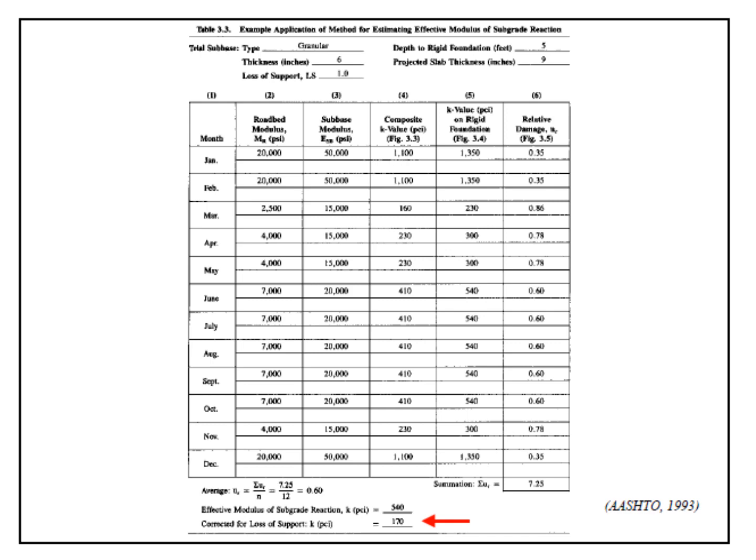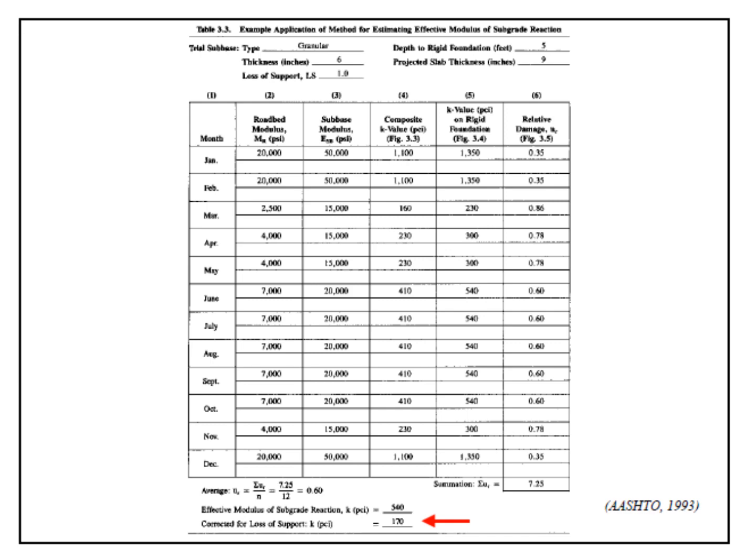So at the end I would like to say that the modulus of subgrade reaction is very, very important in the rigid pavement design method. Different corrections are to be applied on the modulus of subgrade reaction value, and after applying all these necessary corrections we will get the effective, or the most corrected, value of the modulus of subgrade reaction, and that value is to be used in the nomograph.